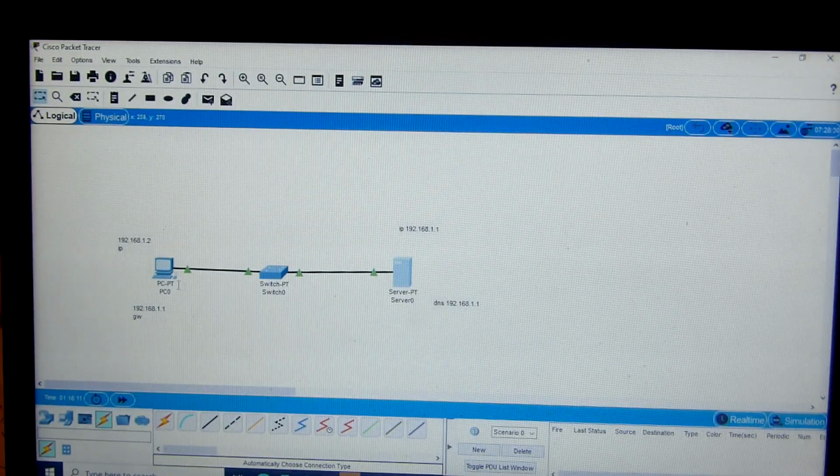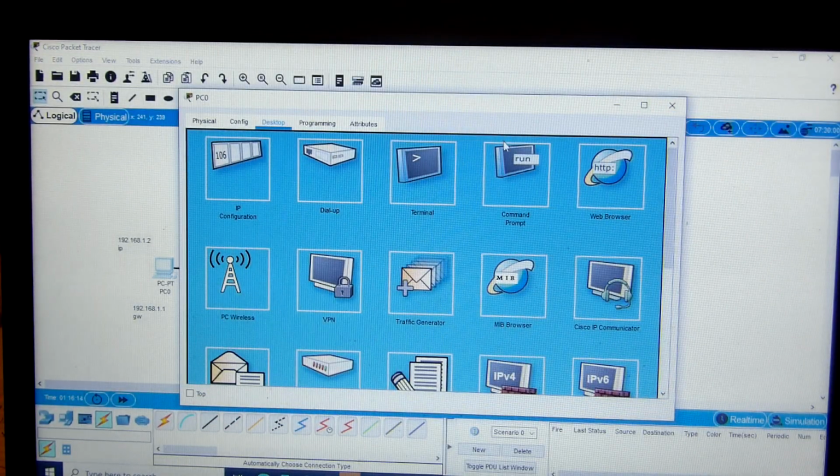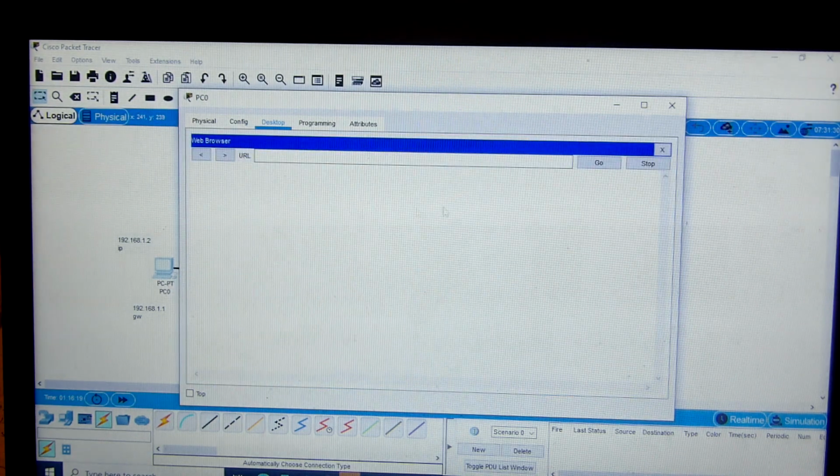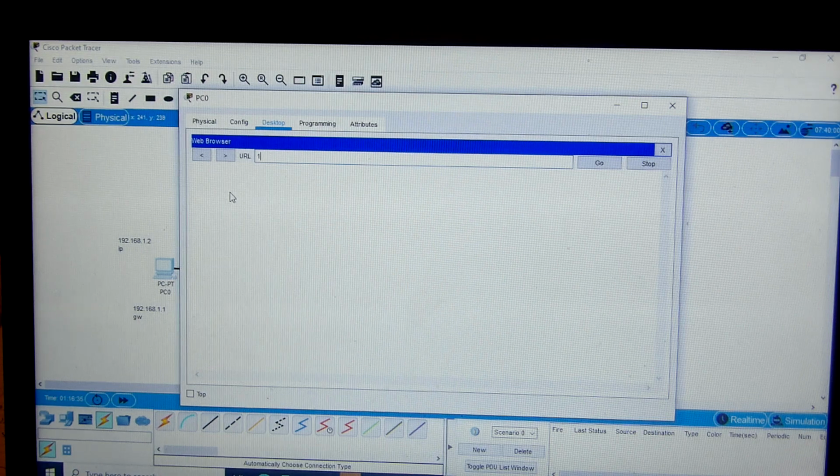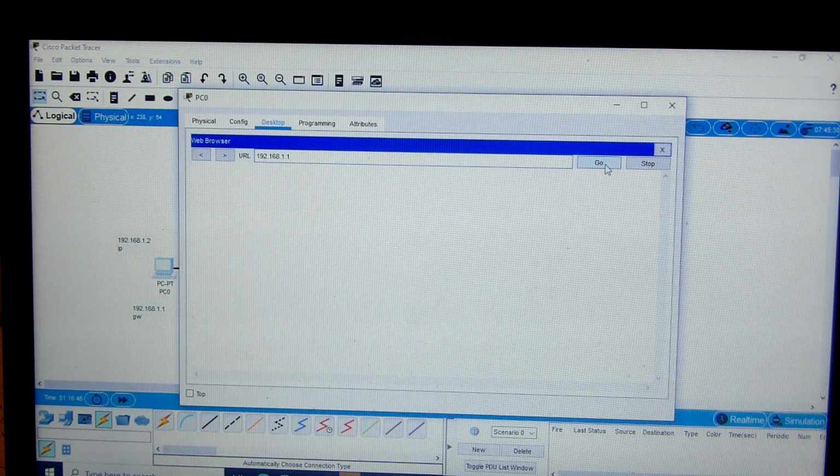Now, if you go back to this one and open the web browser, and you put the IP address, the DNS, 192.168.1.1, and then you see the hello world that we wrote.